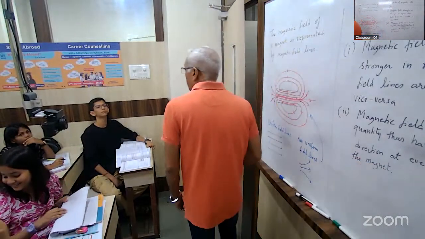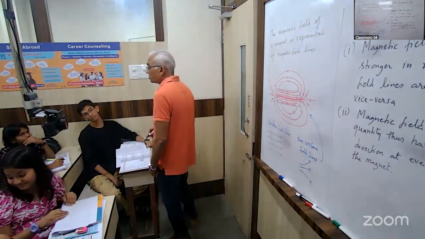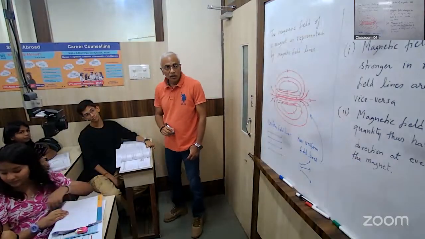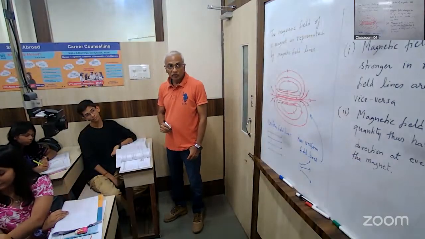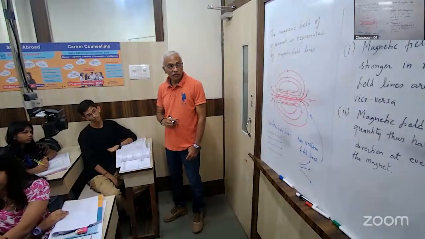So magnetic field is a vector quantity and it has a unique magnitude and direction at every point around the magnet.